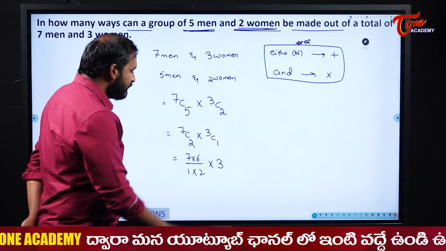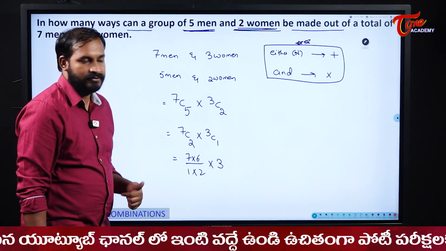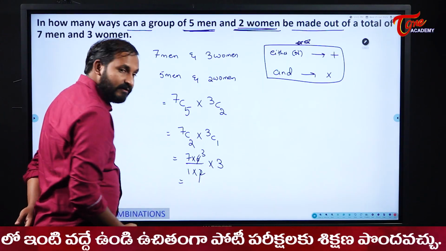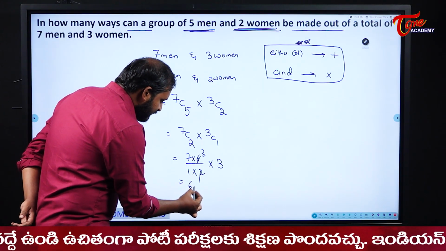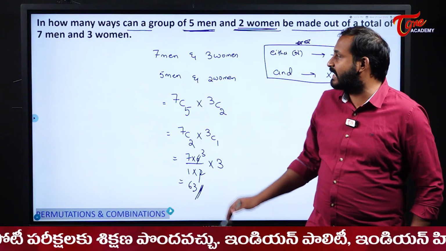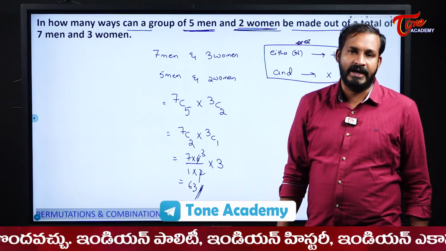Two 1s are 2, 2 3s are 6, 7 3s are 21, 21 3s are 63. That means in 63 different ways I can select 5 men and 2 women from 7 men and 3 women.